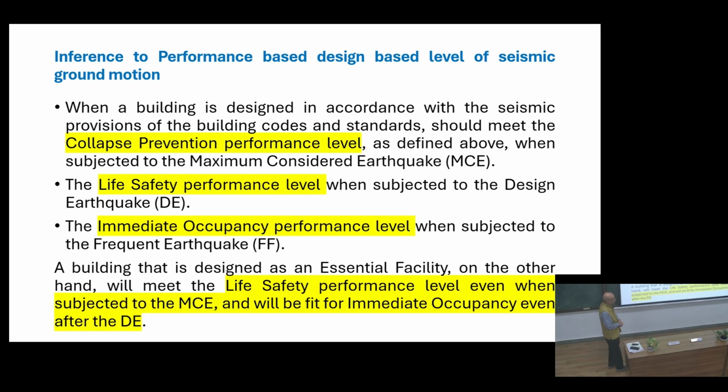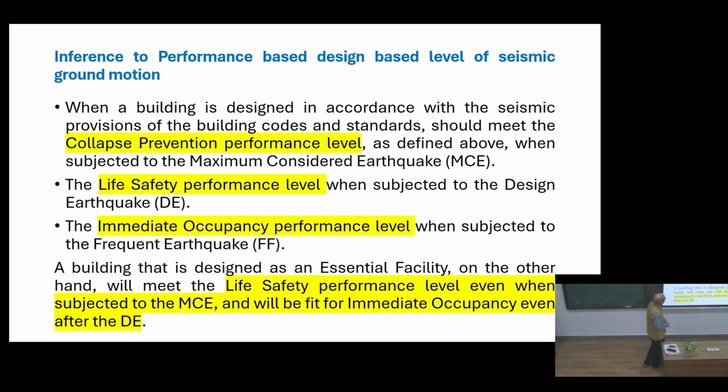Having said all those things, I highlighted the point that the collapse prevention performance level is a must. It says it should be satisfied when the maximum considered earthquake comes in the picture.